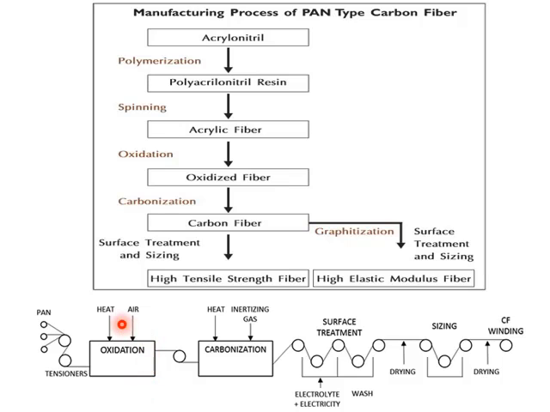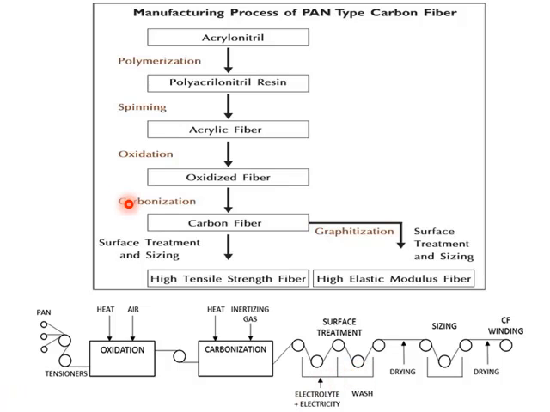Carbonization is where we increase the carbon content. Stabilization is where we heat the fiber at a high temperature for a proper alignment of the fibers, and graphitization is again to increase the modulus of elasticity at the expense of tensile strength. So we are going to increase the stiffness by reducing the strength of the fibers.